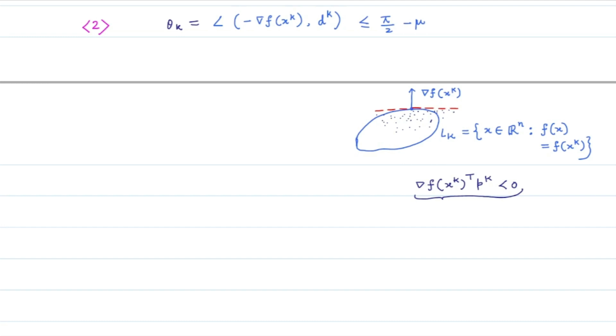So any descent direction dk is lying in this dotted region.